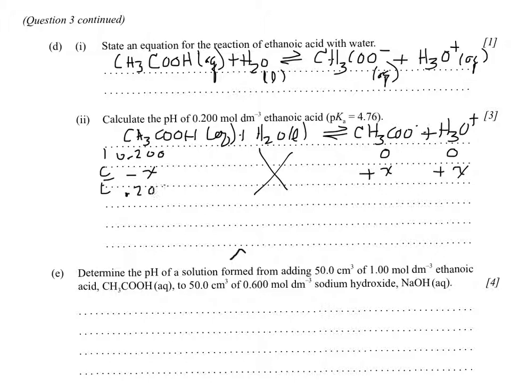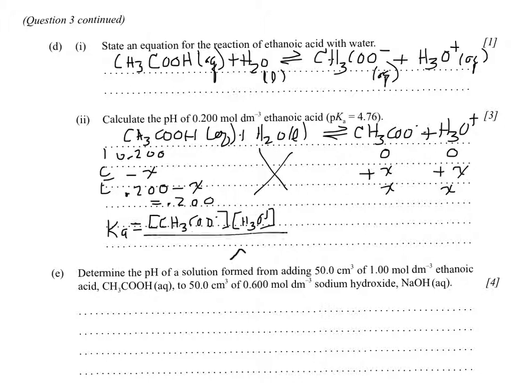So 0.200 minus x, and then I have x and x. We're going to assume that x is small. Remember that Ka is equal to the concentration of the products over the reactants.